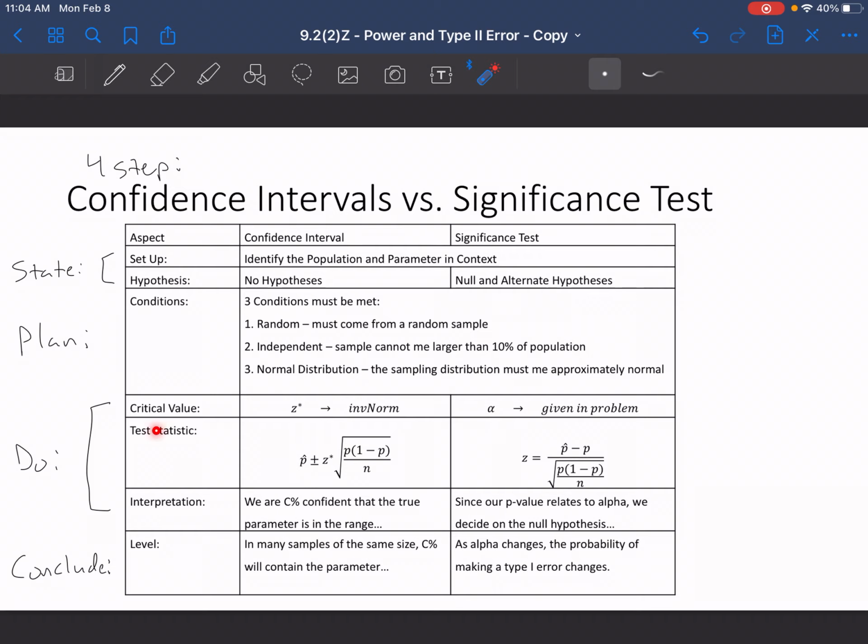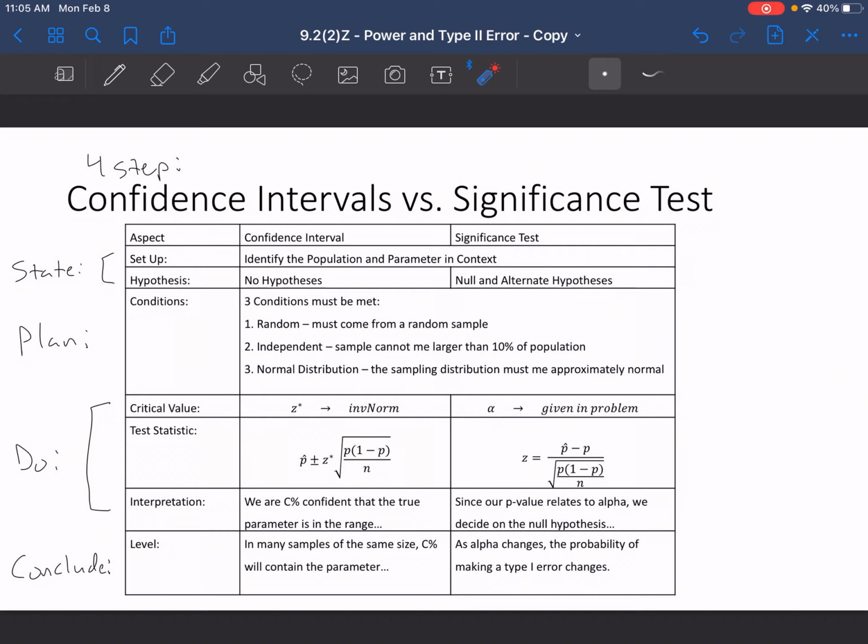For confidence intervals, we want to look at our test statistic, which is really just the actual confidence interval itself. So that's really all we're solving for in the do portion. And then we also want to interpret that confidence interval as well. Whatever our confidence level is, we are that much confident that the true parameter, whatever we discussed up here, lies in the range of whatever our confidence interval actually is.